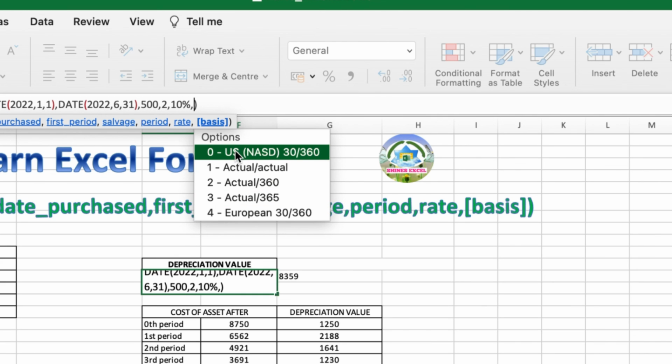If you leave it empty, it takes it as 0 and calculates the value. These are very important when we calculate the depreciation value, and they are even used by people in the field of insurance or in the field of resale.